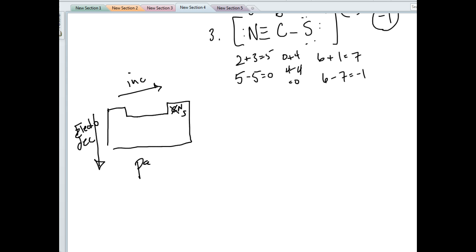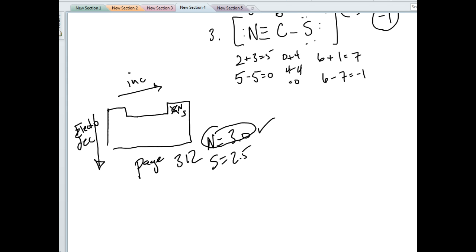If I go to page 312 in the textbook, that's in the white textbook, it might be slightly different in the blue textbook, we look up the electronegativity values. For nitrogen, the electronegativity value is 3.0, on a scale called Pauling's, and sulfur is 2.5. So that means nitrogen has the greater electronegativity.